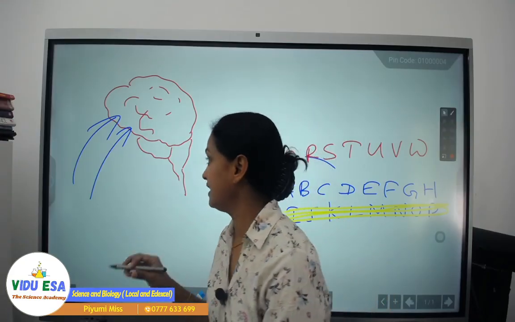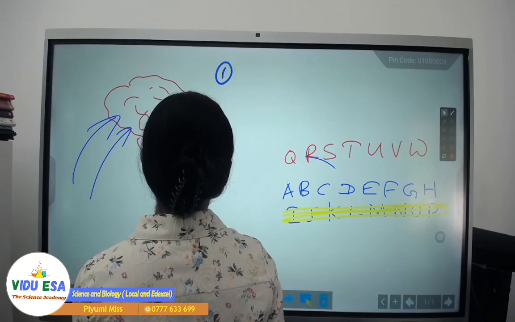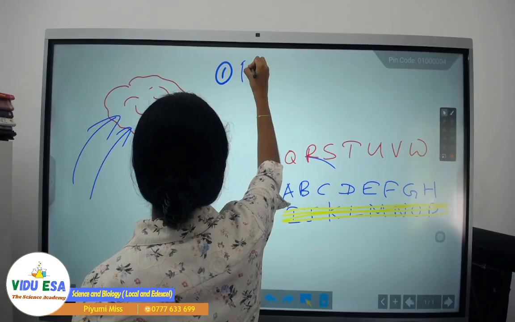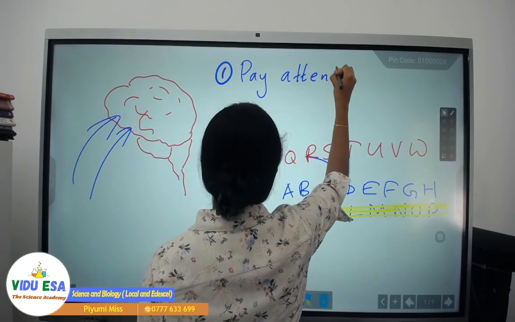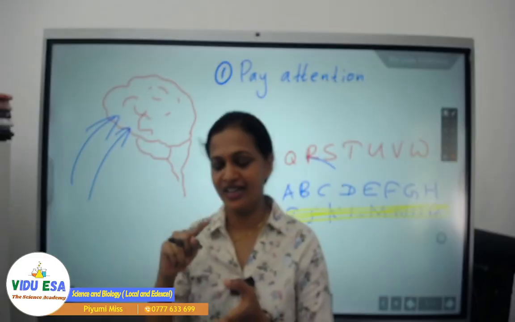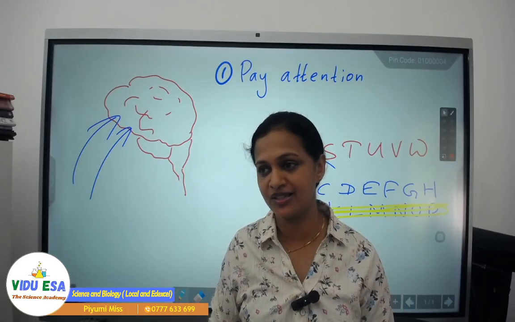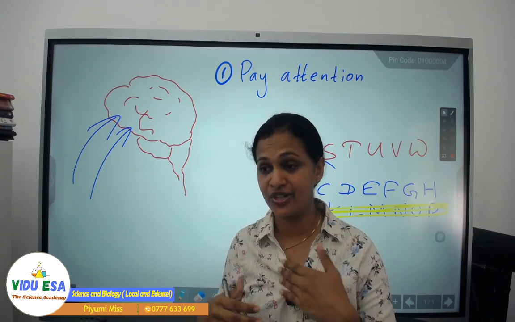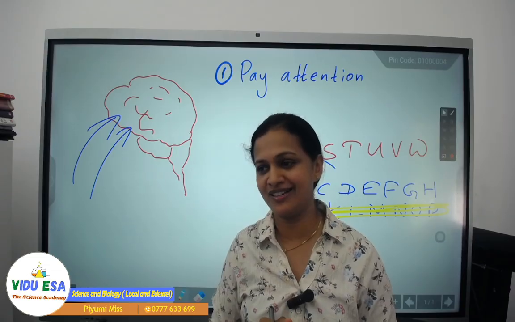Now, the first one is, when I'm explaining, when you are learning the things, you have to pay attention, right? How to pay attention? To keep your attention, we are discussing the things, I'm asking you questions, you have to answer, and also I'm sharing videos for the topics that we are discussing, right?